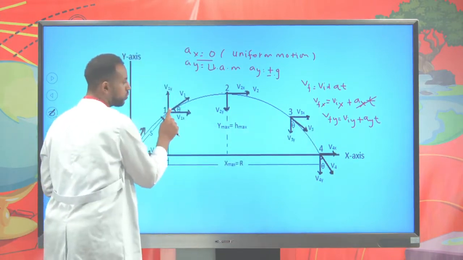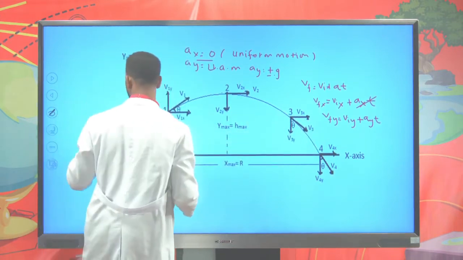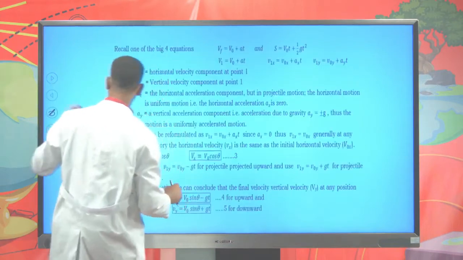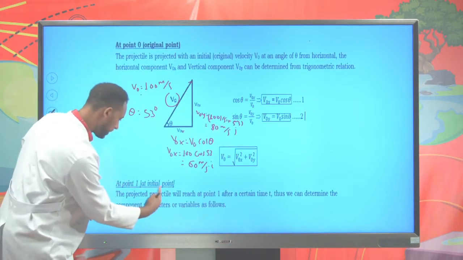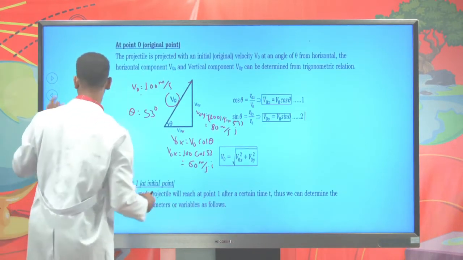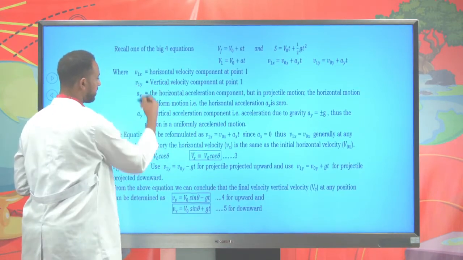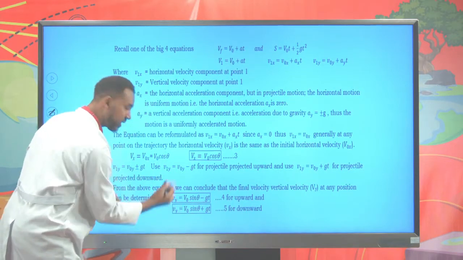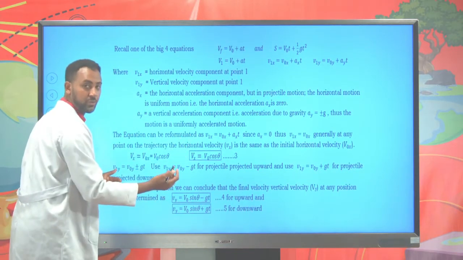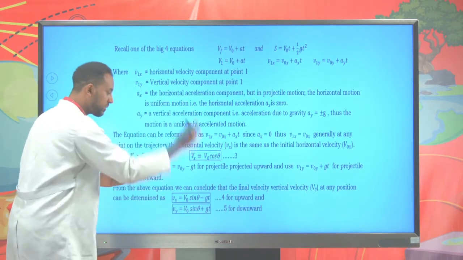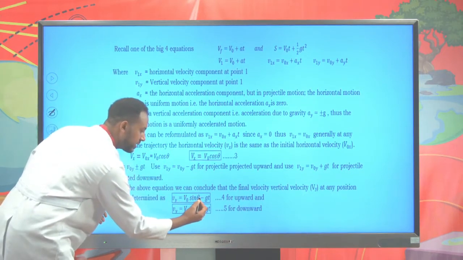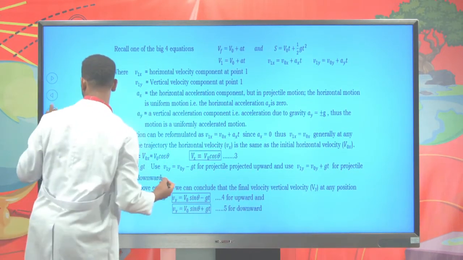Therefore, suppose at point 1, what will be the final velocity? To find this at point 1, it's possible to find the velocity component among the big four equations. We have the v in y, meaning the vertical component along the y at some other time t: v naught sine theta minus g t.